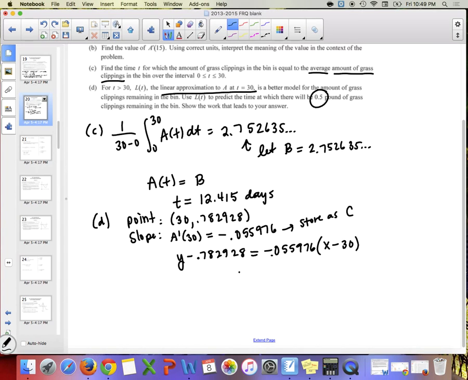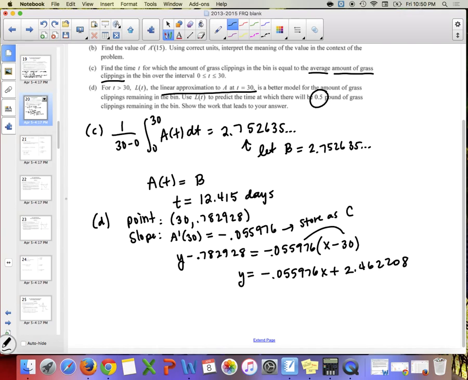I'm going to have y equals negative 0.055976x, and when I distribute here, plus 1.67928. And then I'm going to add that 0.782928 number over. And I'm going to end up getting 2.462208.